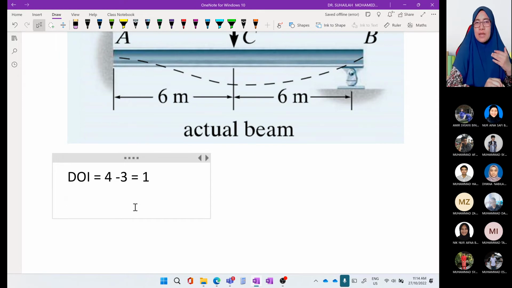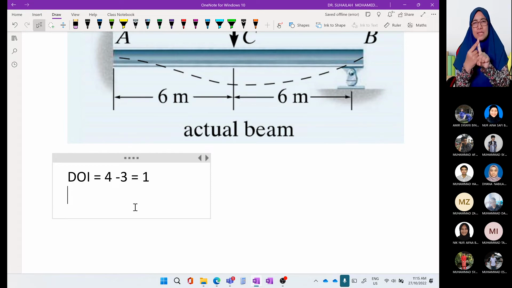Remember, the final objective is to calculate the 4 unknown reactions. Between these 4, we have to divide into 3 and 1. These 3 can be solved using equilibrium equations, 1 cannot.